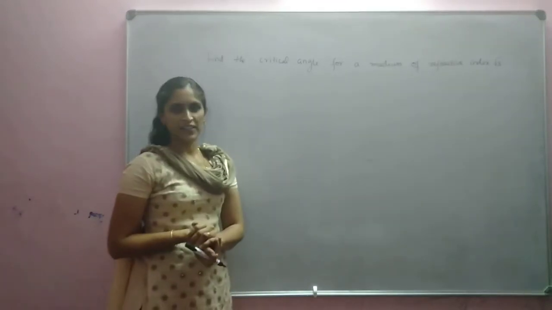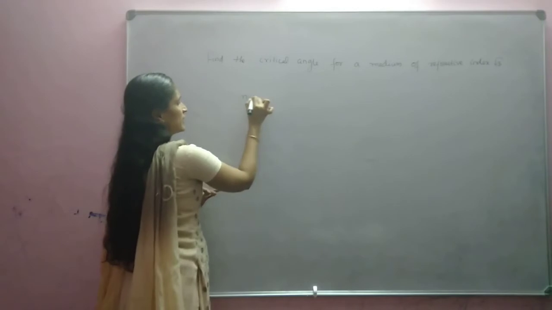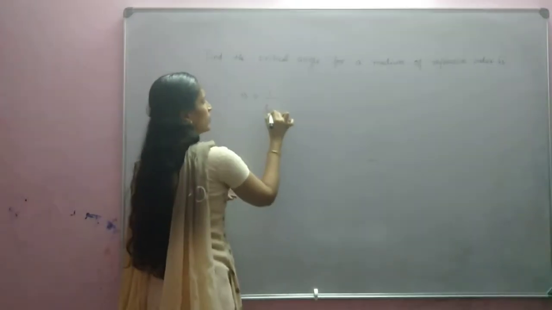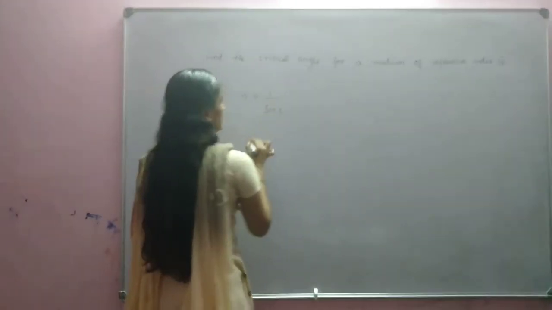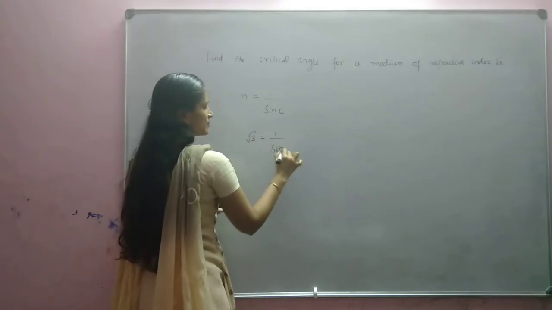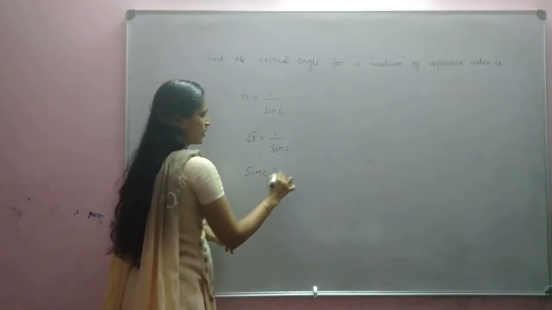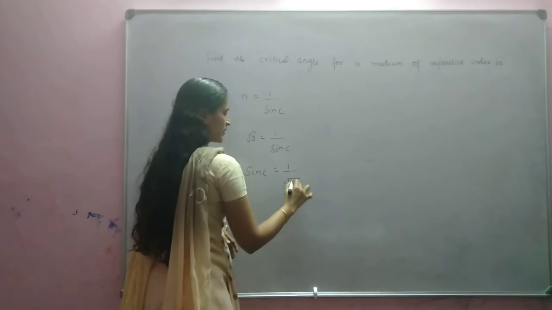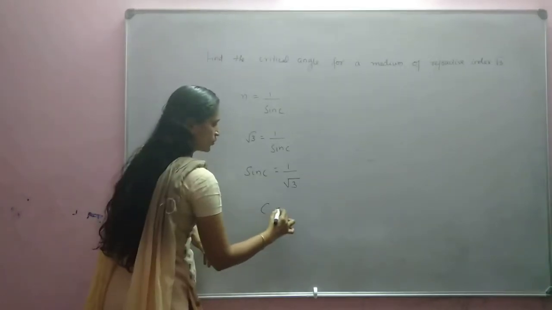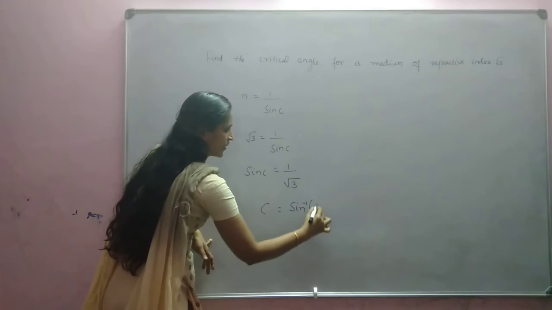Its refractive index is given. So direct formula is there. What is the formula? Refractive index is equal to 1 by sin C. So n is given. So root 3 is equal to 1 by sin C, or we can write sin C is equal to 1 by root 3, or C is equal to, how we will write? We can write sin inverse 1 by root 3.